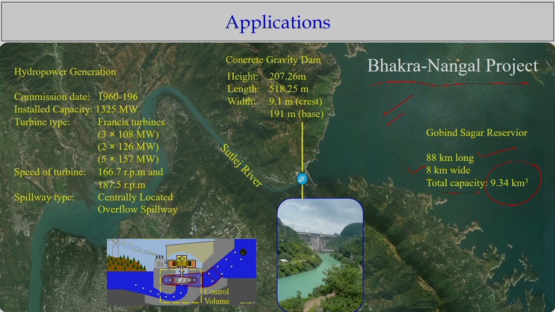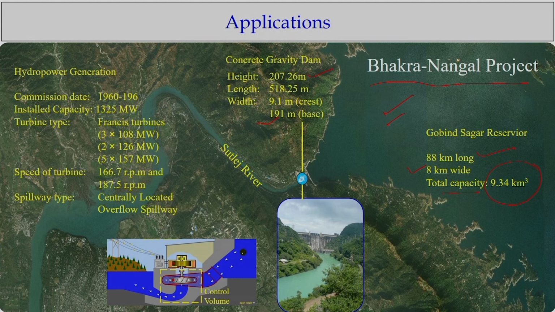The dam is located here, a concrete dam about 207 meters high and 500 meters long. Its width varies from 9 meters at the top, becoming wider and wider toward the base, which is 191 meters.